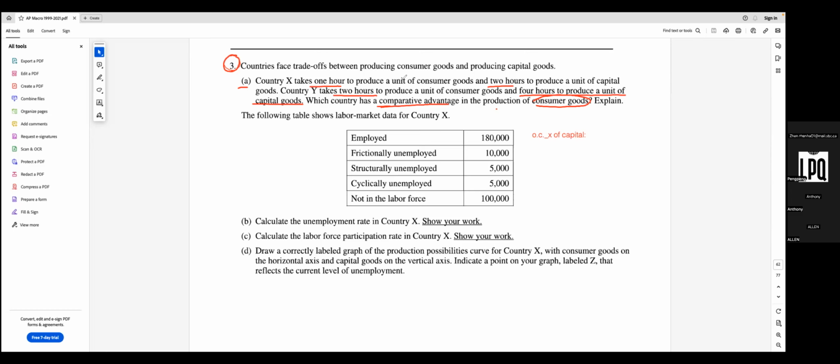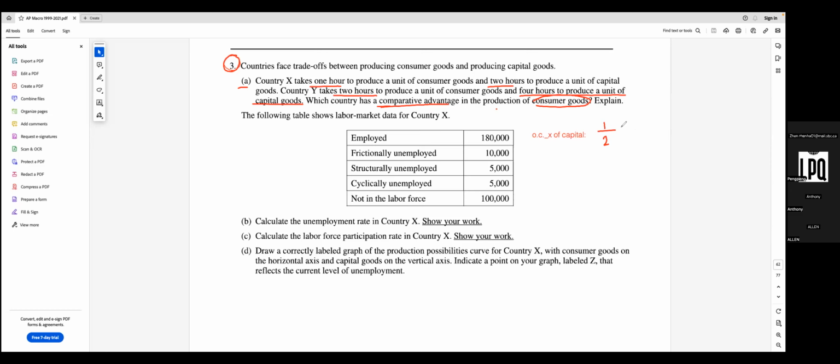If you don't use this 1 hour to produce consumer goods, what else can you do? Then the only other option is to produce capital goods, because you can only produce two different things.